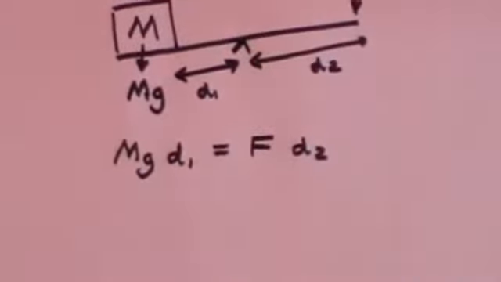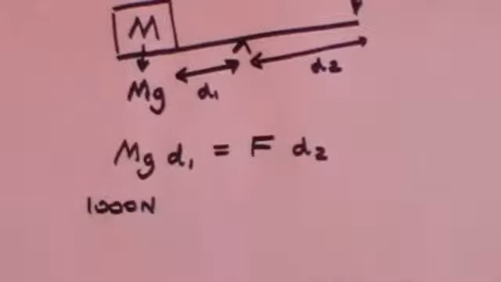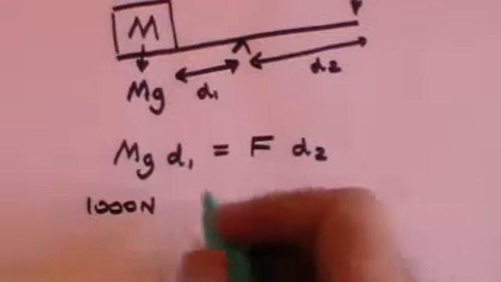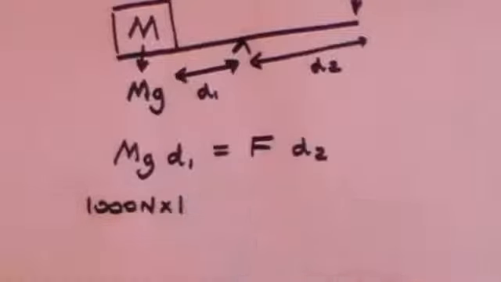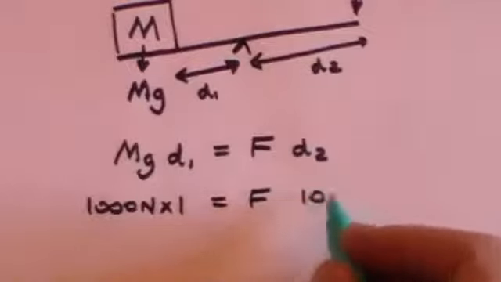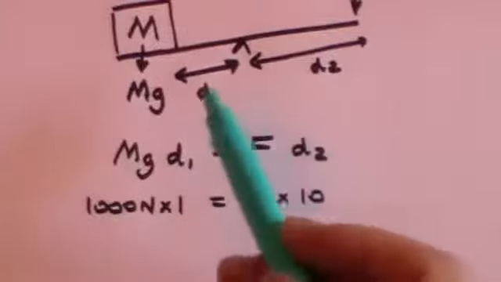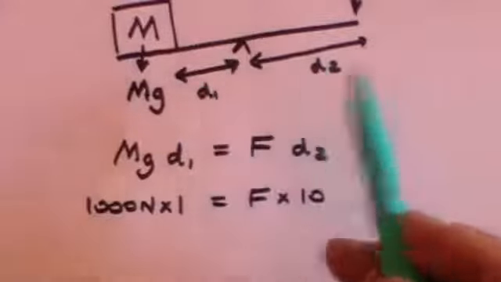If, for example, mg were 1,000 newtons and we had it 1 metre from the pivot point, and then we applied a force 10 metres from the pivot point. So this is 1 metre, but this is 10 metres.